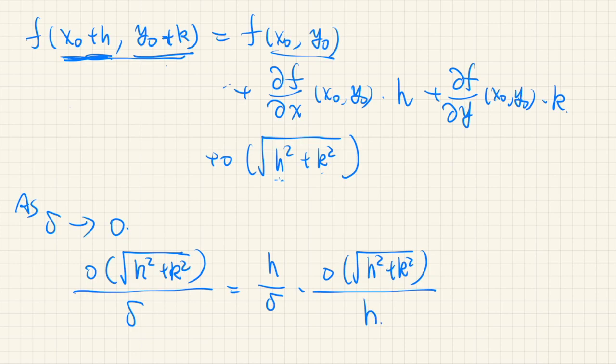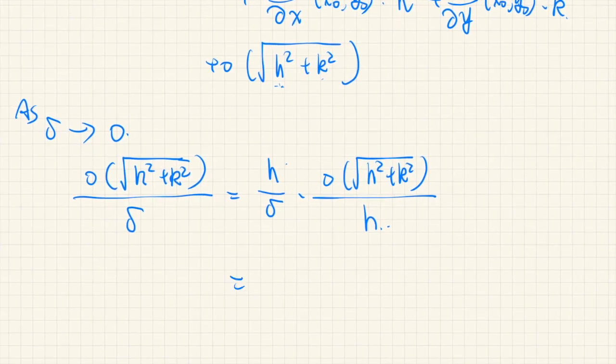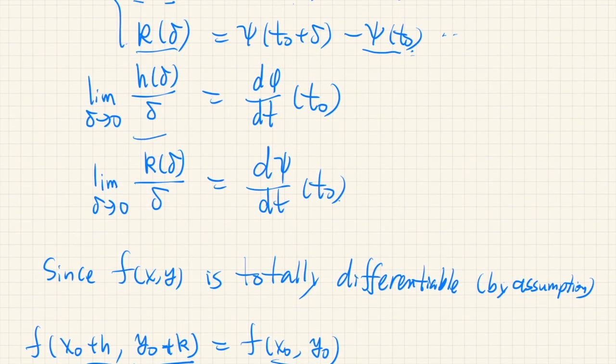We divide by h and multiply by h, and this will converge to 0. So h over delta converges to the derivative of phi, and that's what we have derived here.